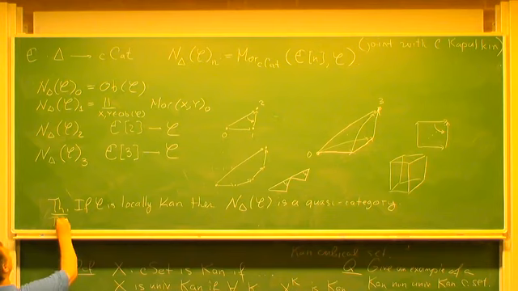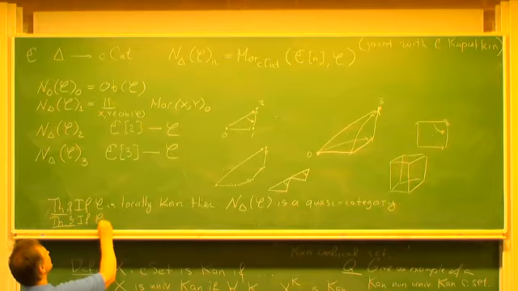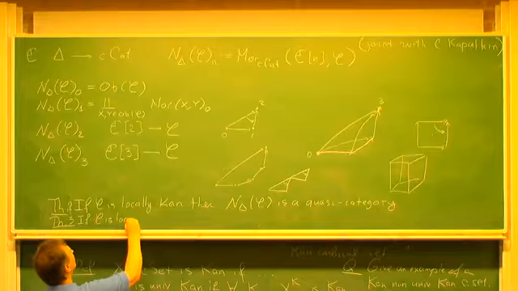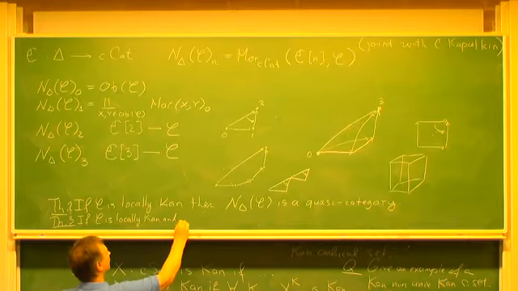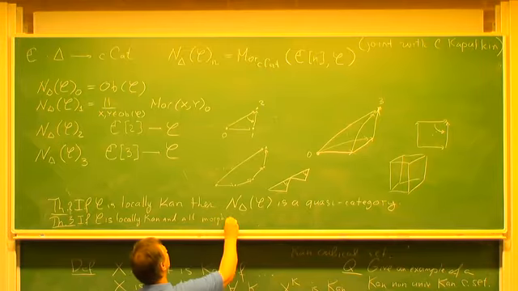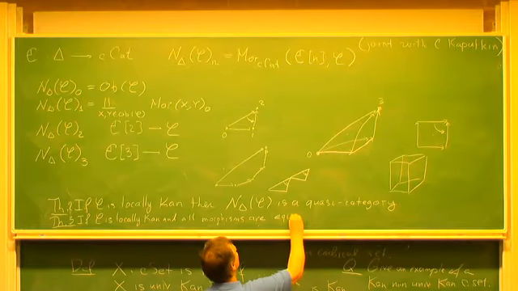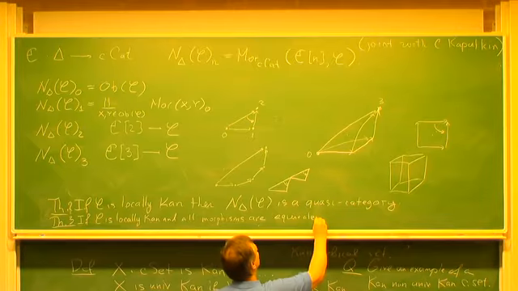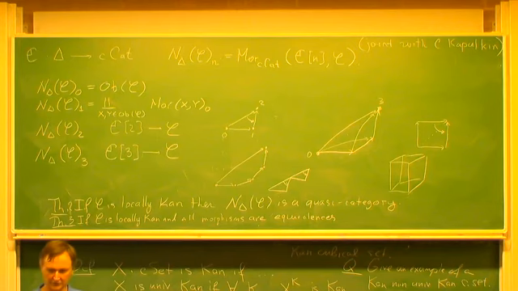And so let's say theorem 3: if C is locally Kan and all morphisms are equivalences, it's easy to define what it means for a morphism to be an equivalence.